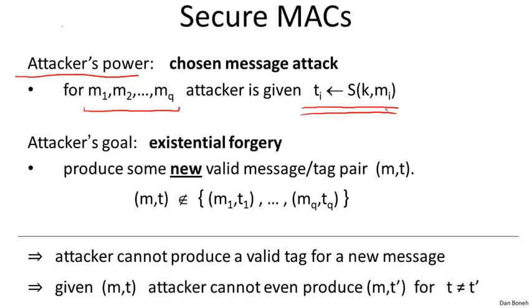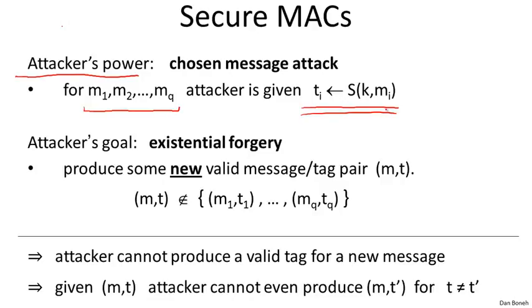So again, you might wonder, why would Alice ever do that? Why would Alice ever compute the tag on a message that the attacker gave her? So just like in the case of chosen plaintext attack, it's very common in the real world that the attacker can give Alice a message, Alice will compute the tag on that message, and then the attacker will obtain the resulting tag. For example, the attacker might send Alice an email.